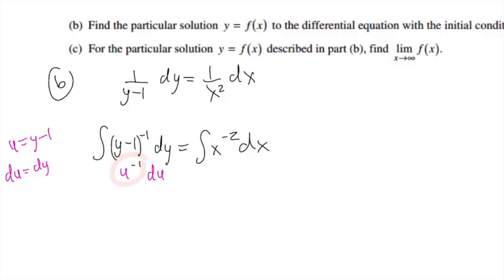This is going to be log of u, but u is going to be y minus 1. Over here, if you add 1, that becomes negative 1, and then divide by negative 1. And then always add your plus c.